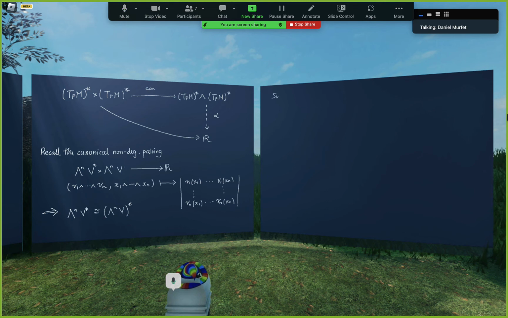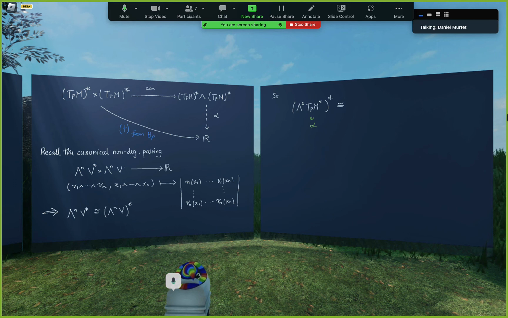So we have that the second exterior power of TPM star is, why am I talking about that? Well, because alpha lives there. Okay, so let me step back a bit. So this blue dagger I constructed from BP, right?